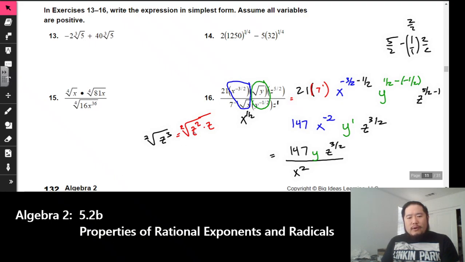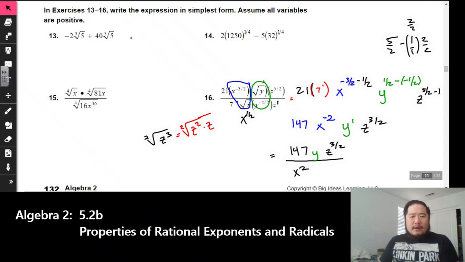I could take the square root of z squared. So it's important to know that I can't take the square root of an odd power, but I could take the square root of an even power. So what I can do is split this apart so that part of it is even and part is odd. We're only going to reduce it down by one power.